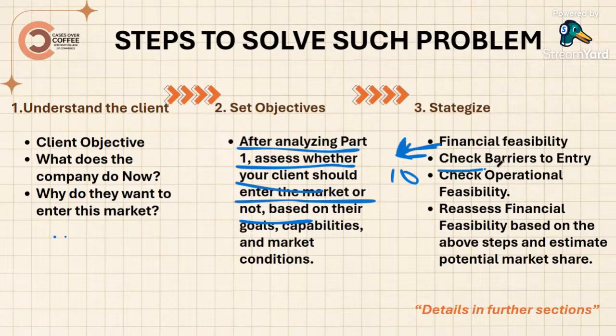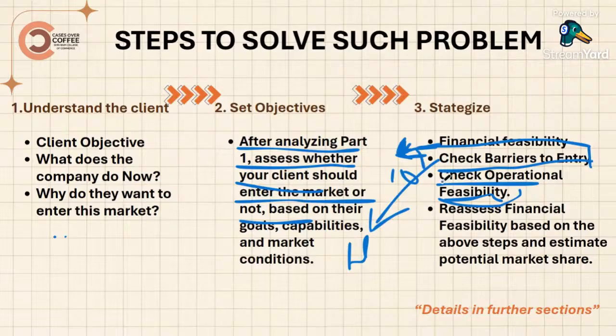Second is checking the barriers to entry. I'll be discussing this in the upcoming slides. Let's say there are certain industries where we need huge capital. In this case, the barrier is on a higher side. Then we check the operational feasibility, whether the product or service that we are launching in a particular region is operationally feasible or not.